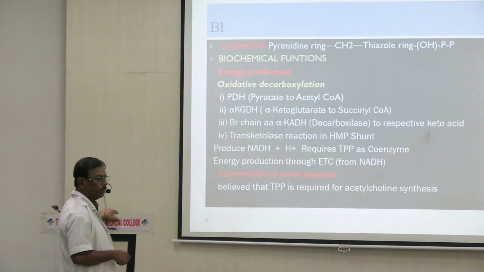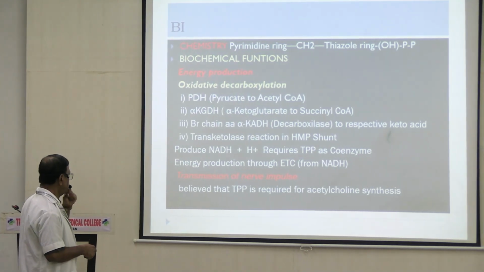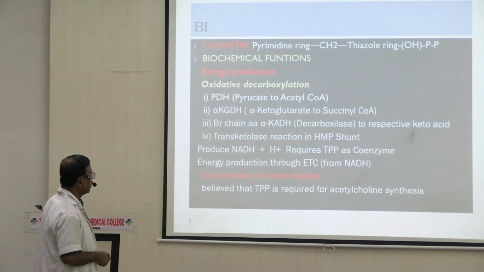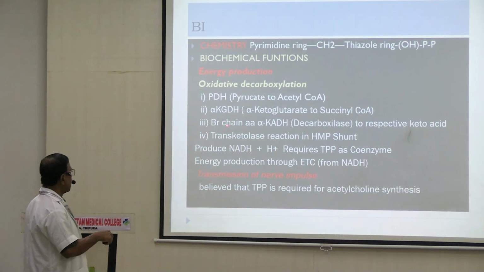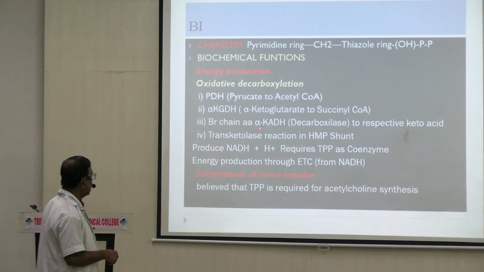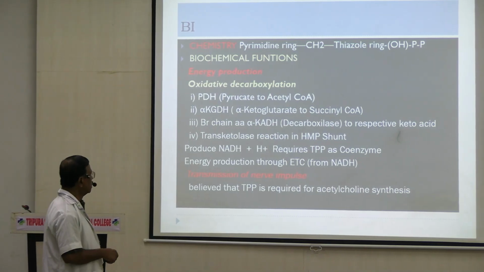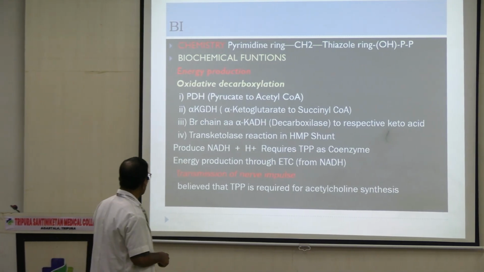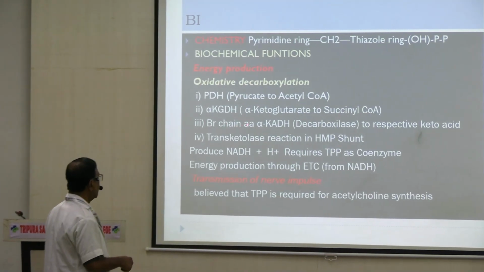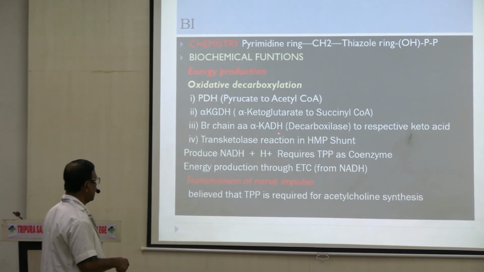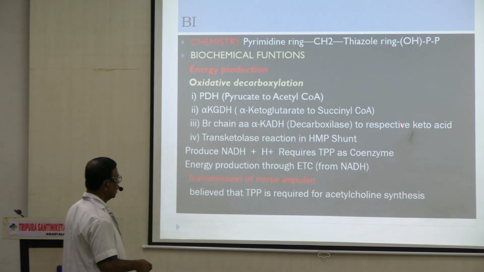Also alpha-ketoglutarate dehydrogenase, similar to the pyruvate dehydrogenase complex, catalyzes conversion of alpha-ketoglutarate to succinyl-CoA in the TCA cycle. Then branched chain alpha-keto acid dehydrogenase, not glutarate, converts the branched chain amino acid to the respective keto acid.